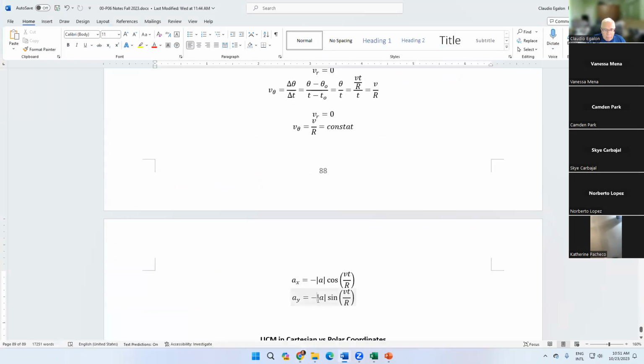Look at the book for how to derive A using graphical techniques, okay?